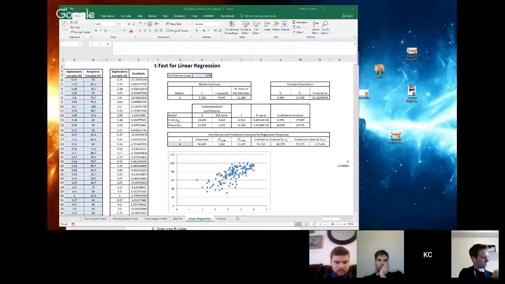What's the response variable? The response variable is the variable that's being predicted, which is the hat size. Yeah. So A.